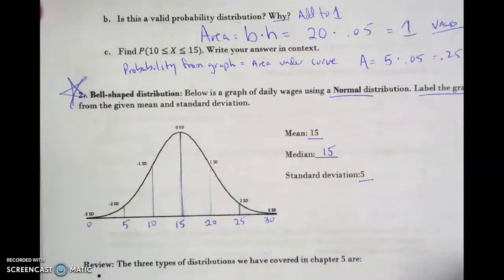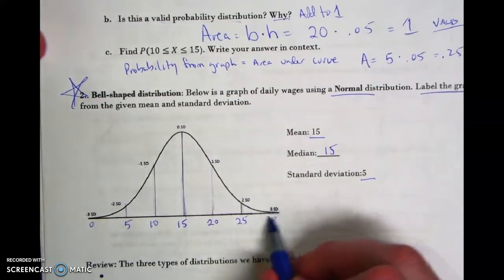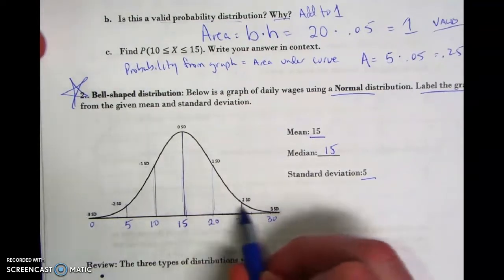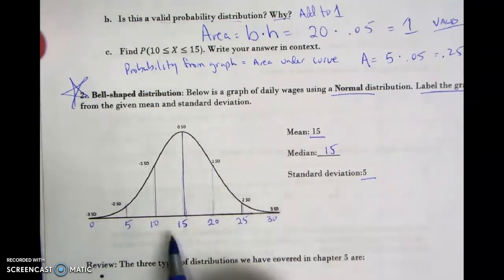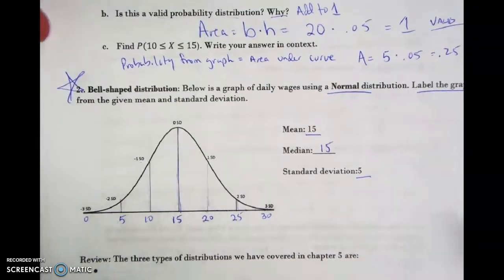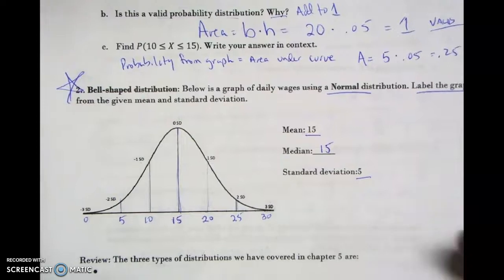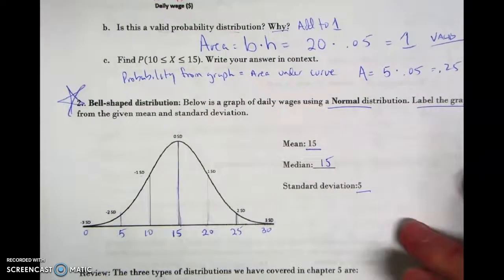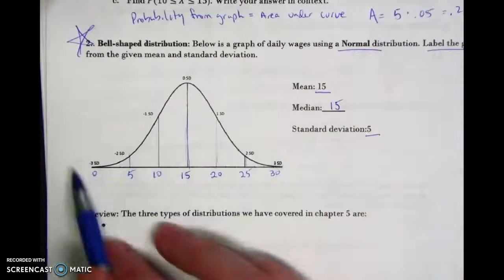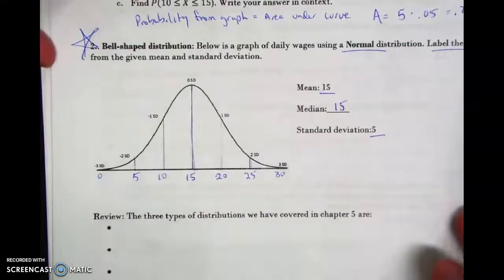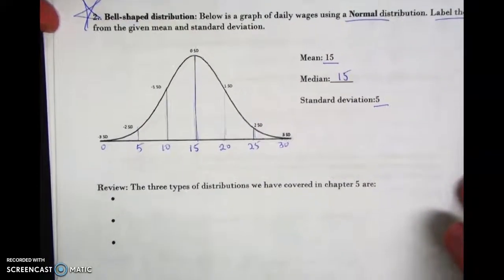And what we're going to do is have a lot of these in 5.5 where you label out to 3 standard deviations. So here's the mean, 15, 1 standard deviation, 2, 3 standard deviations above and below the mean. We'll do a lot more later with finding probabilities from a normal distribution, but that's in 5.6 and 5.7. So right now we're going to start by labeling this picture with the mean and standard deviation going out that far.